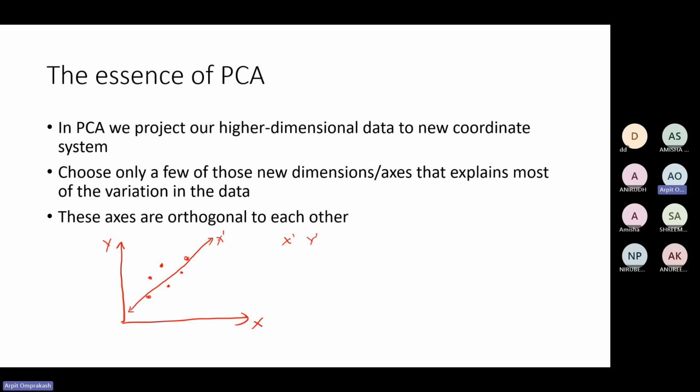Then once we have one axis, we find another axis which is orthogonal to this and explains the most variance that is left over. So this X prime axis will explain some of the variance of the data, the variance that is particularly in this direction. Then we need a Y prime axis, which will be orthogonal to X prime. So let's say it's like this, and it explains some more of the variation in the data, right?